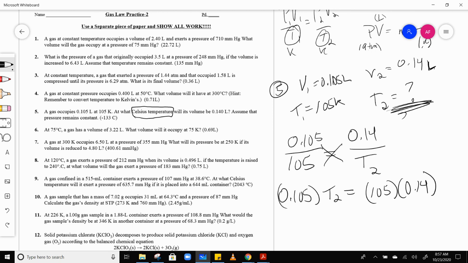Anytime it's on the bottom, I like to do cross multiplication. Much easier. And then I got to solve for T2, so divide by 0.105. That cancels, but if we do it to one side, we got to do it to the other.